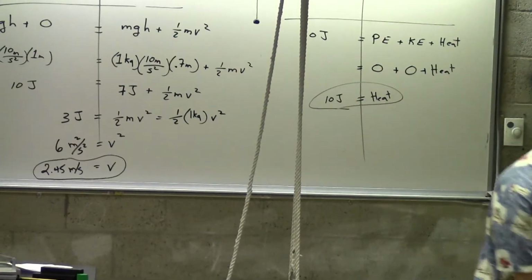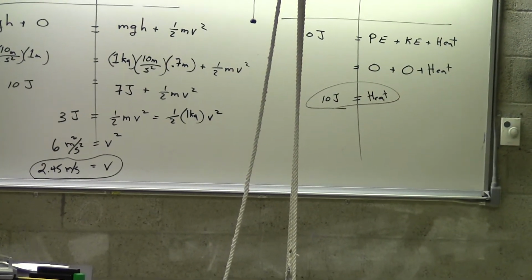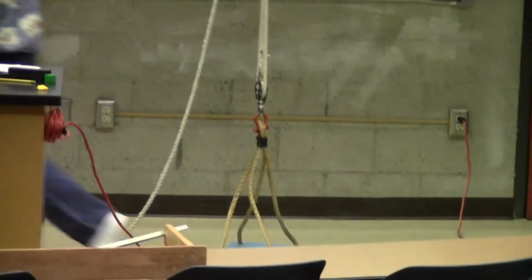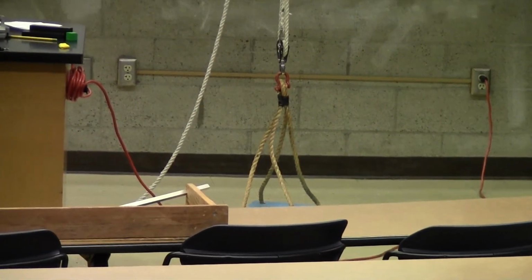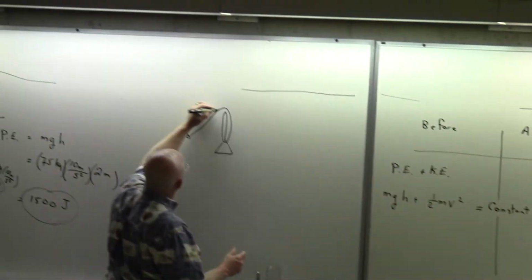Get it out of the way. Well, what I'm trying to emphasize here, and in my case, I'm going to actually sit on the chair, so this rope is going to come down to here.